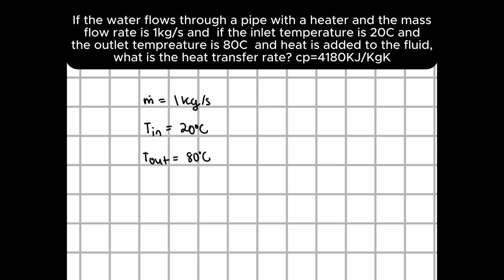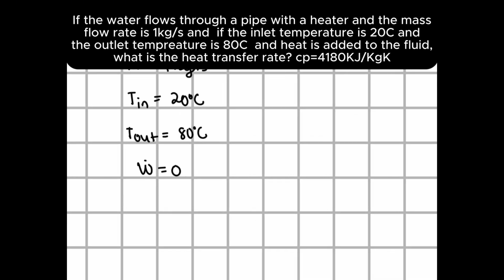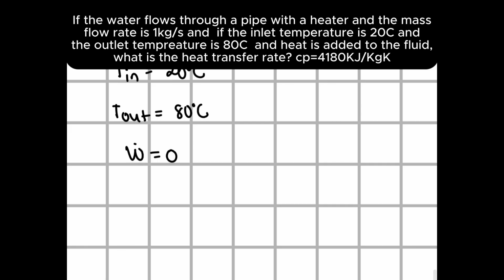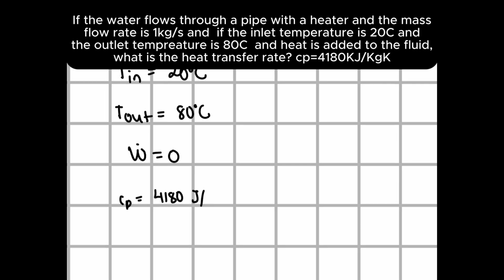We assume no shaft work because it is given, so W dot equals 0. Of course, we can ignore the kinetic energy and the potential energy. They also give us the specific heat of water, which will be useful later on: 4,180 joules per kilogram Kelvin.